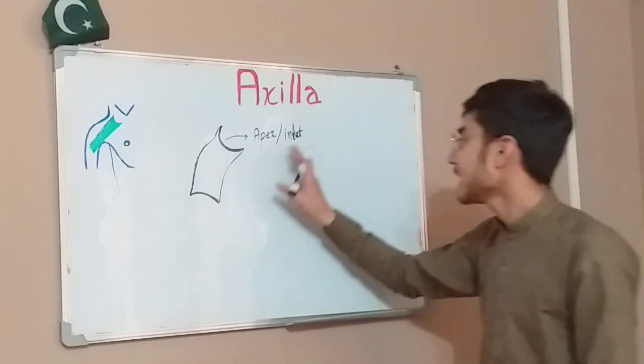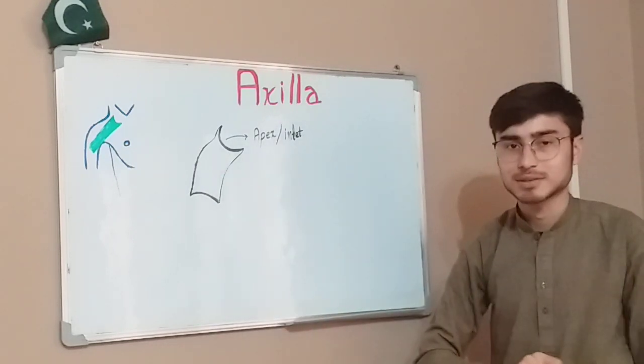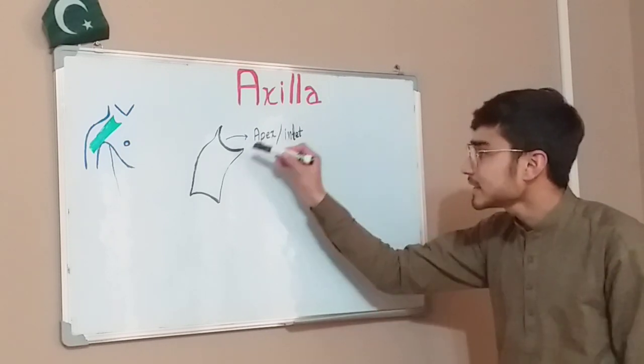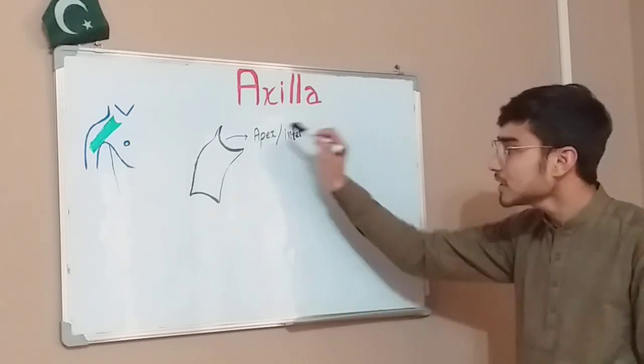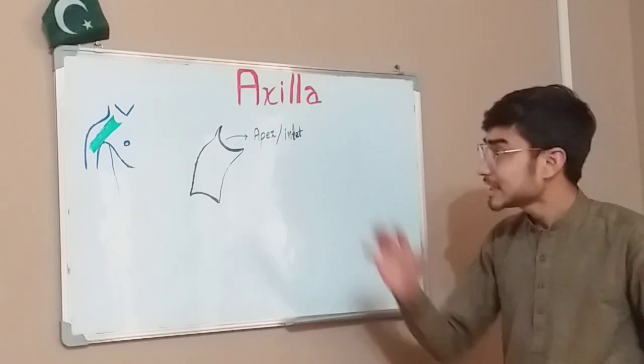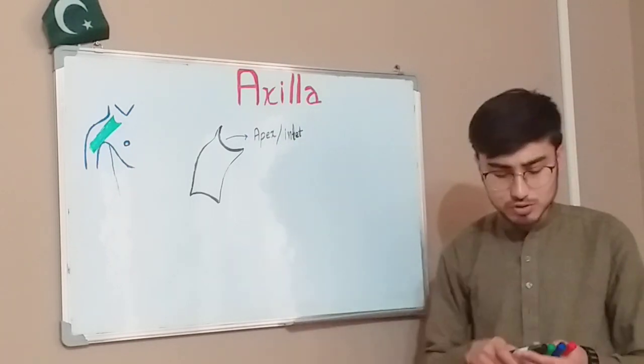This is called the inlet or apex, right? And different neurovascular structures are entering the upper limb or leaving the upper limb through this apex, right?